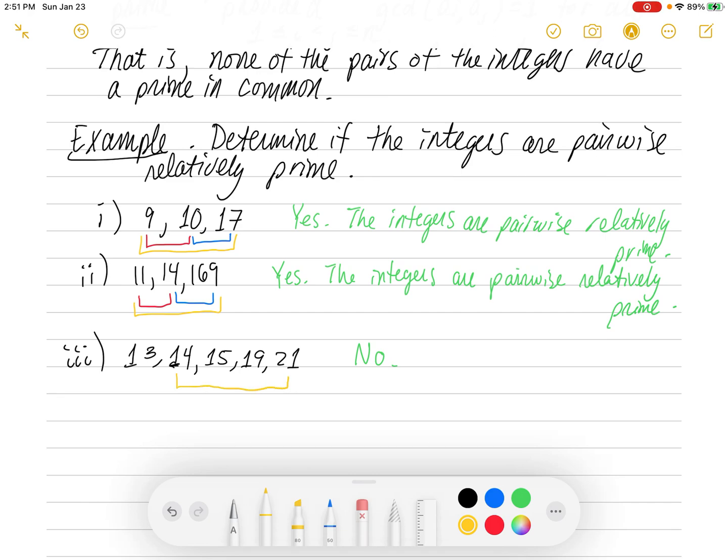Number 1, when I look at 14 and 21 as a pair, they have a greatest common divisor of, I'm sorry, 7. And also, when I look at 15 and 21, they have a 3 in common. So no, they're not pairwise relatively prime. There are some primes in common between different pairs.